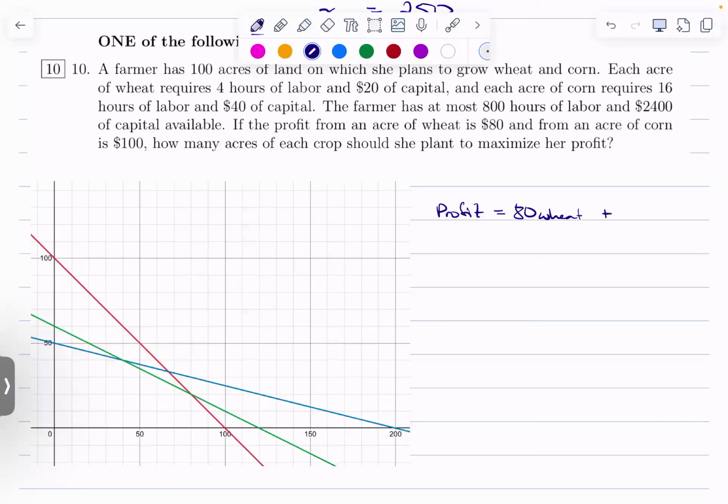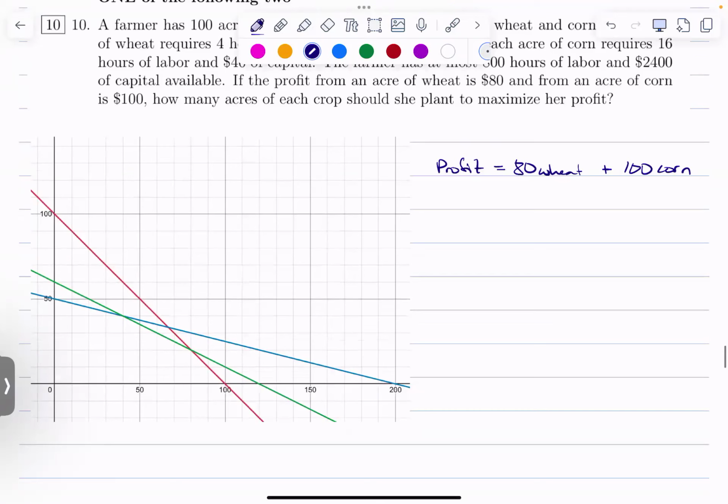I use this to define my x and y. So let x be the number of acres of wheat and y be the number of acres of corn.